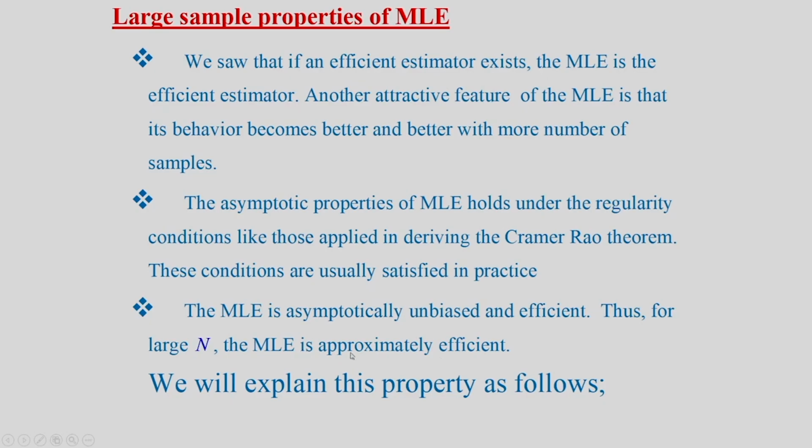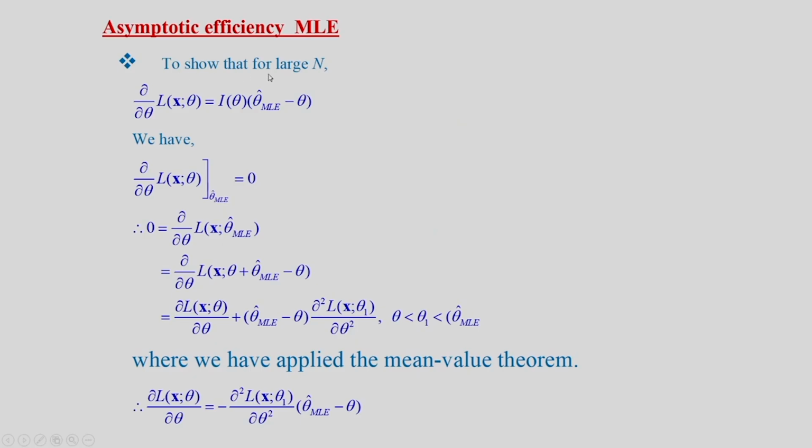We will explain the asymptotic efficiency property. We have to show that for large n, del L of x, theta by del theta is equal to I theta into theta hat MLE minus theta. This is the one we want to show. If we can show this, then this theta hat MLE will be asymptotically efficient. Now, we will start with the MLE condition, del L del theta at theta hat MLE is equal to 0.